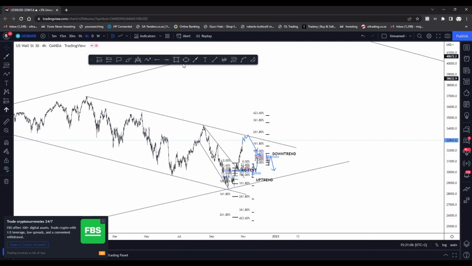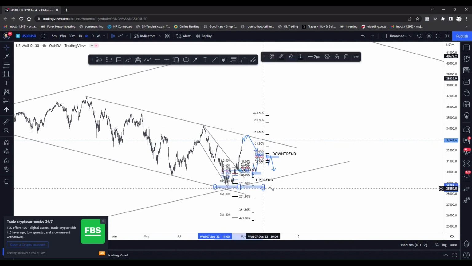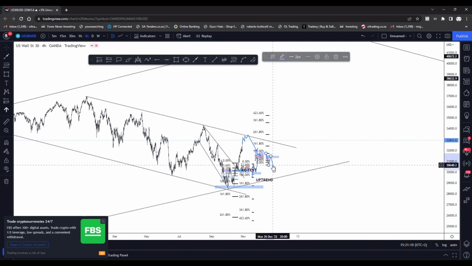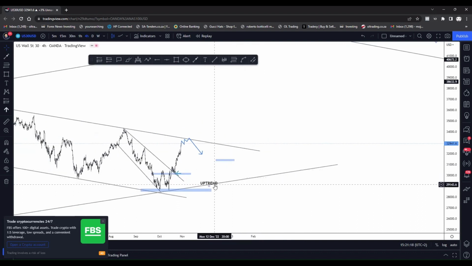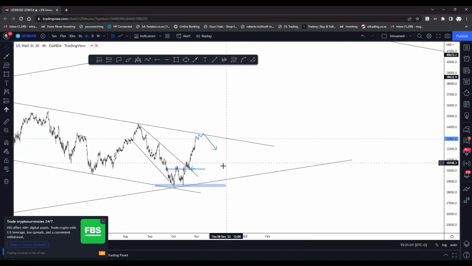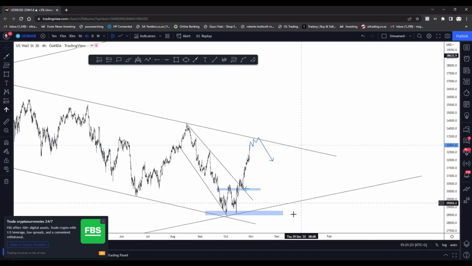But here, see, we had a double. Now is to wait and see where the market is taking us. Don't chase the market, we follow what the market is doing.